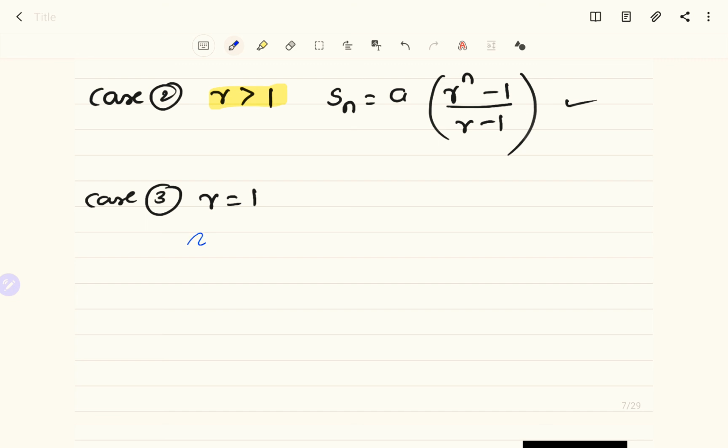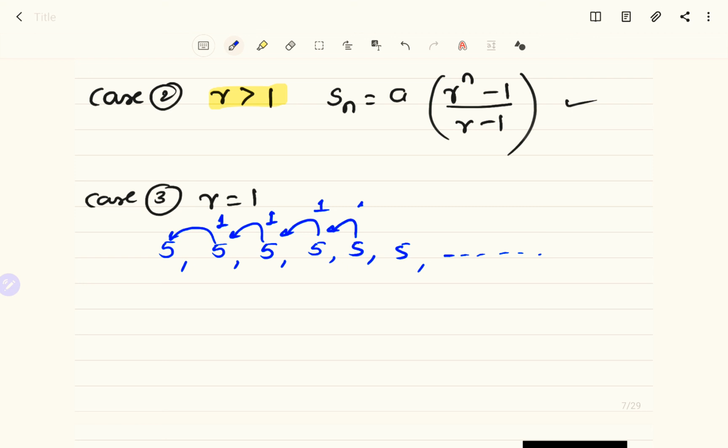If you want the ratio of successive terms equal to 1, then each and every term of the sequence must be the same, and only then it is possible. If every term of the sequence is 5, then what is 5 divided by 5? It is 1. So if you want the ratio of the sequence to equal 1, each and every term of the sequence must be the same.